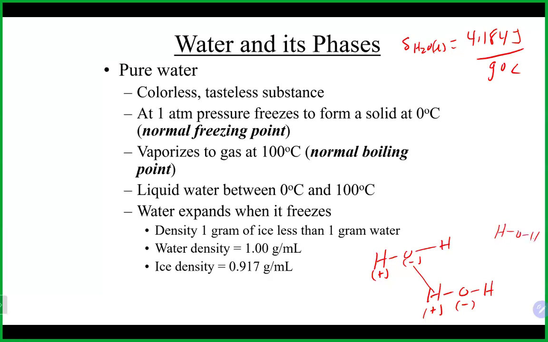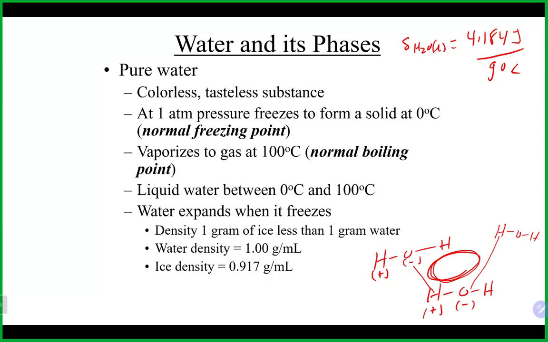What ends up happening is it creates a lot of really big open spots between the different water molecules. So they really can't get in there as tight to one another as normally can happen in the solid state.